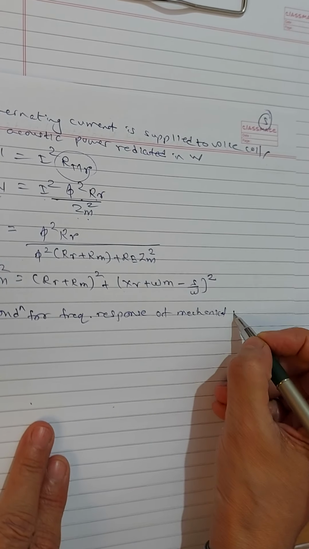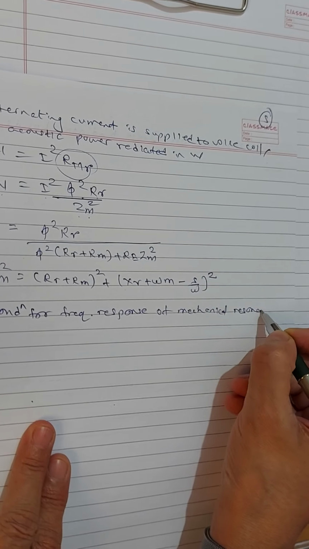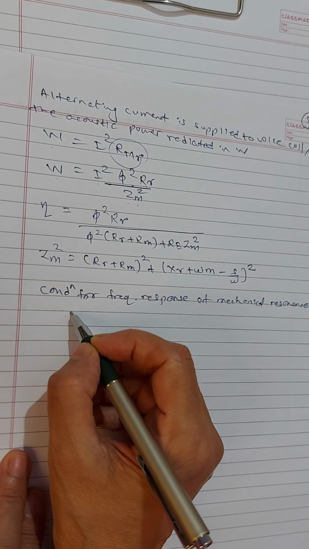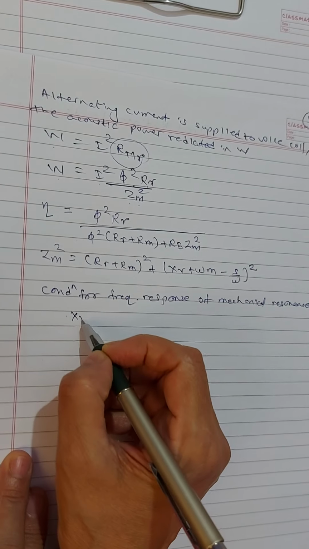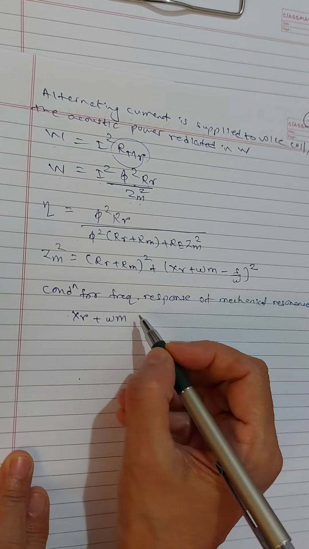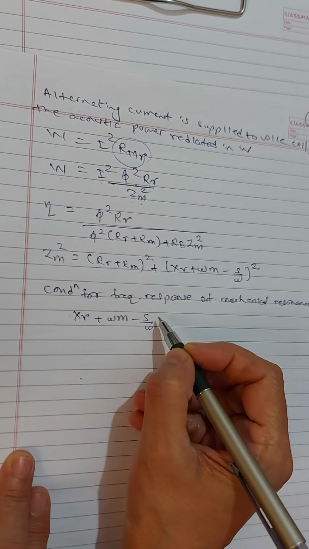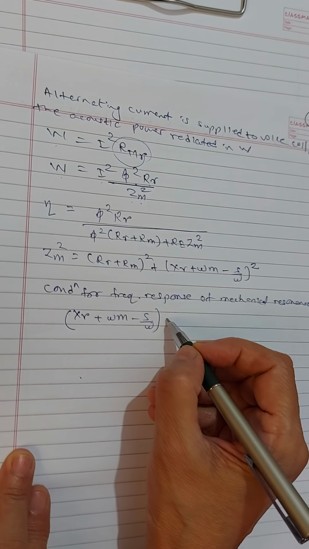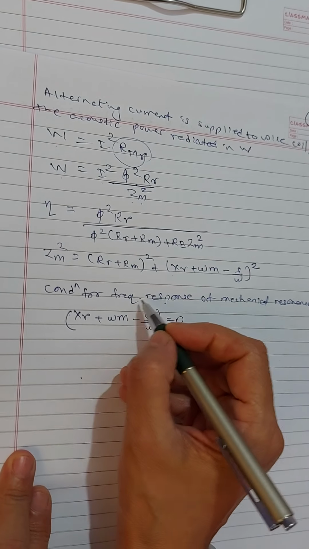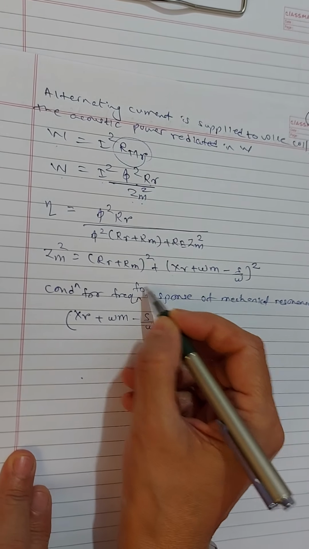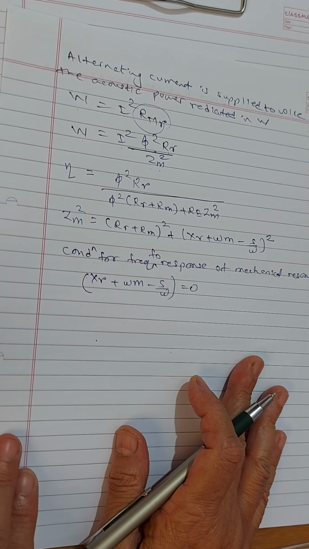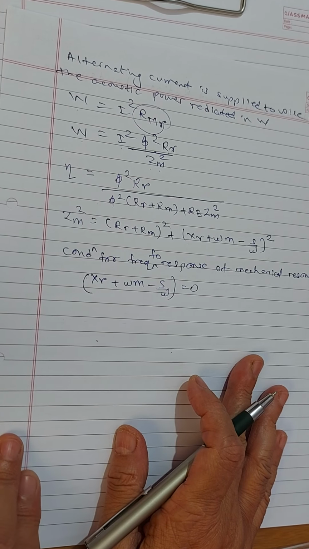Over here, the condition is that XR plus ωm, the term in the bracket, minus S by ω has to be equal to 0, and this frequency will be called F0. Right? Okay, along with that, I think we have got all the formulas.